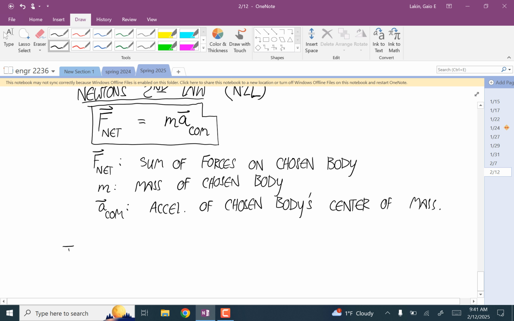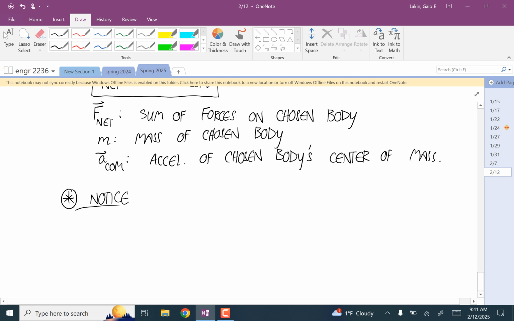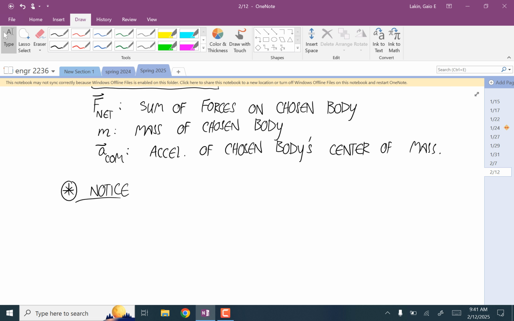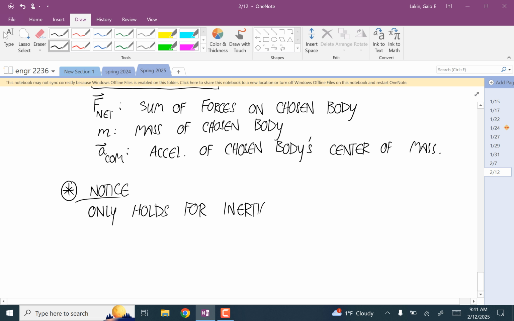And one thing that you have to always keep in mind when you're using this is Newton's second law only holds for an inertial coordinate system.